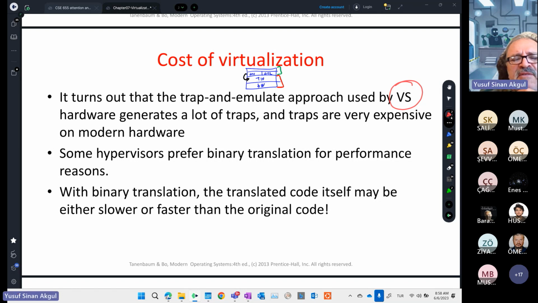On modern hardware, there is another big advantage other than the speed. Why are context switches expensive? We keep talking about it, right? We said that context switches are expensive. Why are they expensive?